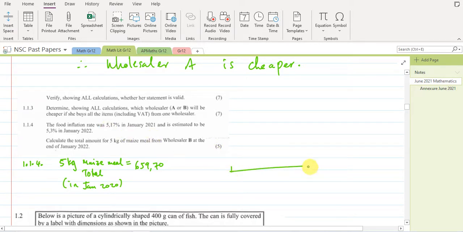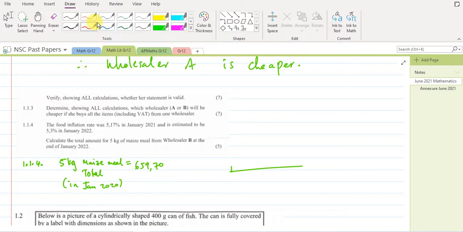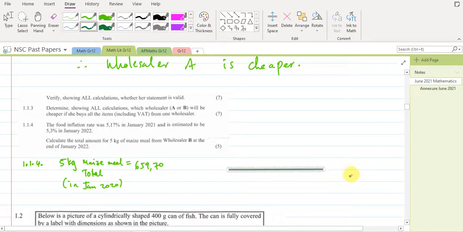It's nice to draw a timeline here to see over how many years they want the prices to be inflated. In January 2020, this was the total. Now you inflate that for January 2021.